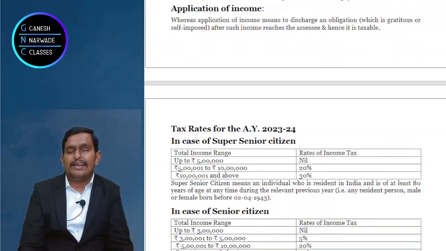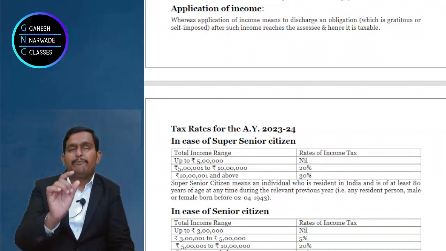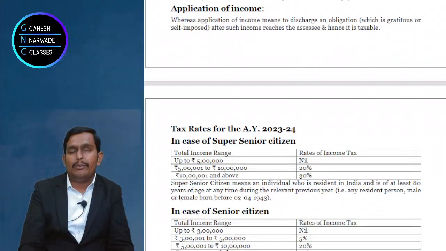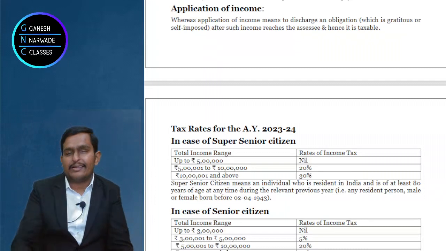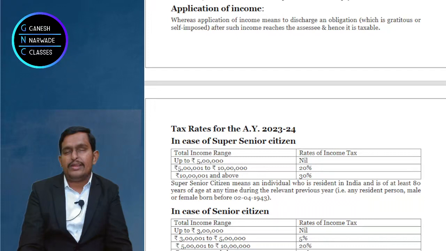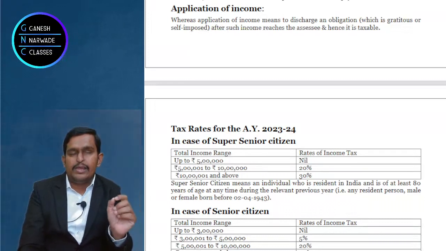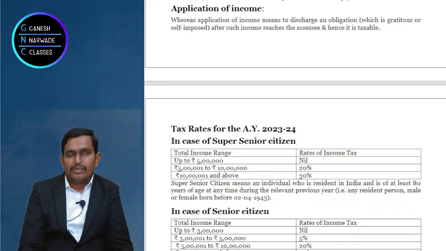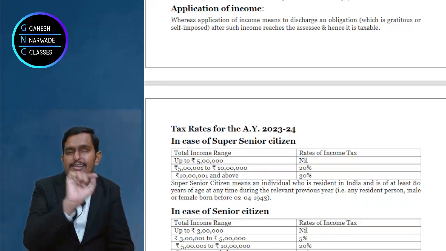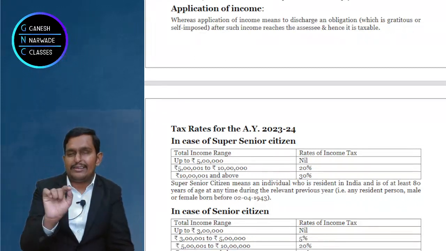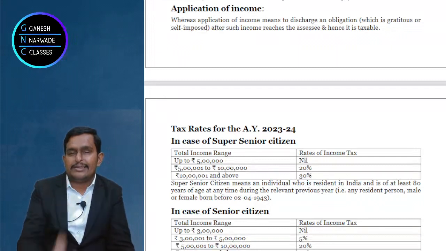For such resident super senior citizens, up to 5 lakh rupees income, no need to pay a single rupee of tax. But if the income exceeds 5 lakh, say 5 lakh 1 rupee to 10 lakhs, then it is 20% tax.